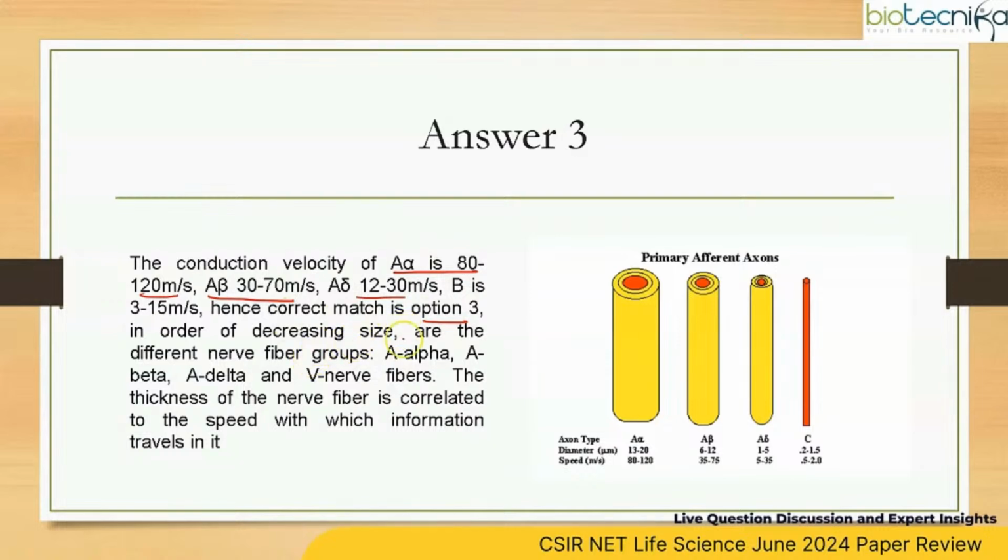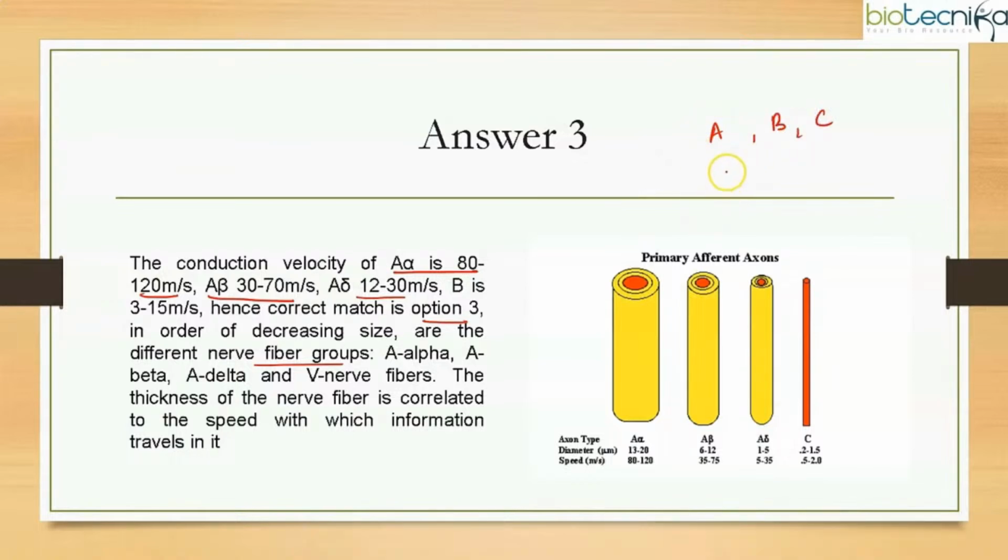In order of decreasing size are the different nerve fiber groups. If you see the nerve fibers, alpha, beta, delta, their size is decreasing. That is why they have been named like that. We have seen there are three types, A, B and C, and again there are subtypes in that, depending on their size: A alpha, A beta, A delta, and B nerve fibers. The thickness of the nerve fiber is correlated to the speed with which information travels in it.